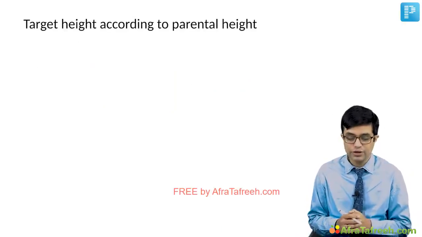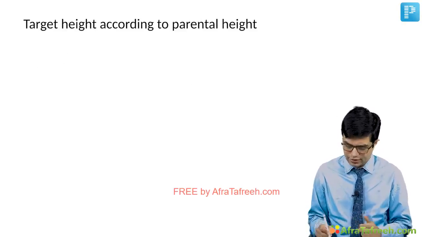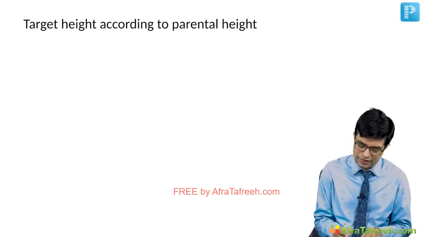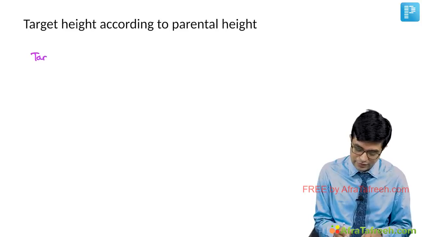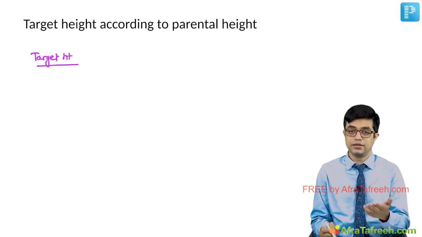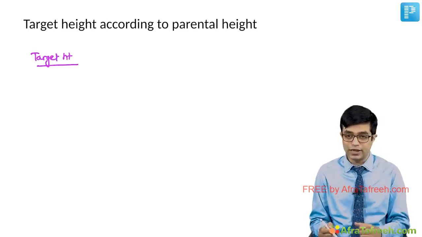Now, what is the target height according to parental height? It's a simple thing. It's a formula-based thing. The target height depends upon the mean parental height. So how do you calculate according to that?